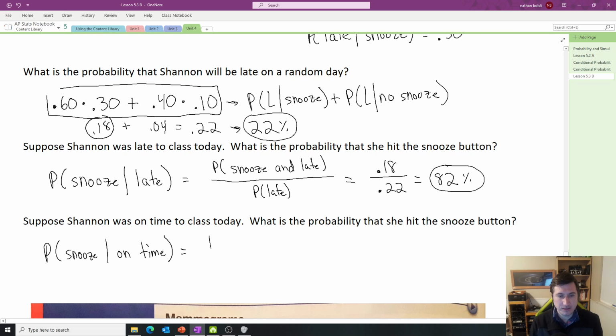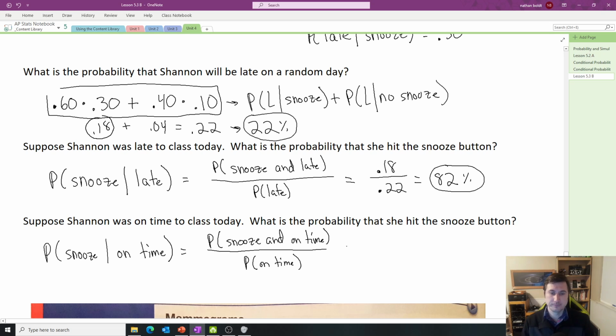So that will be first the intersection on top, probability of snooze and on time, divided by the probability of being on time. Let's see, I do believe we have some of those.